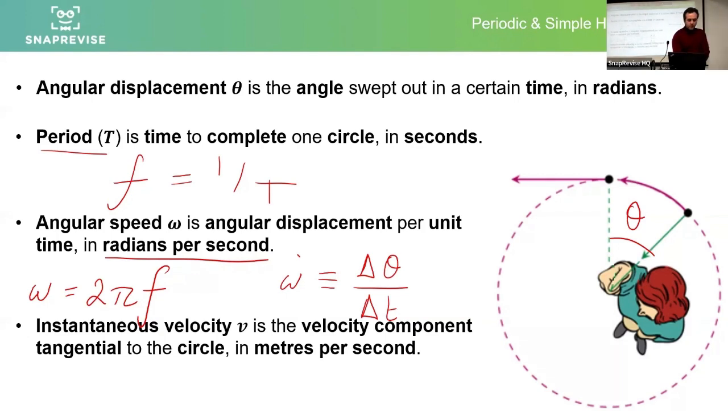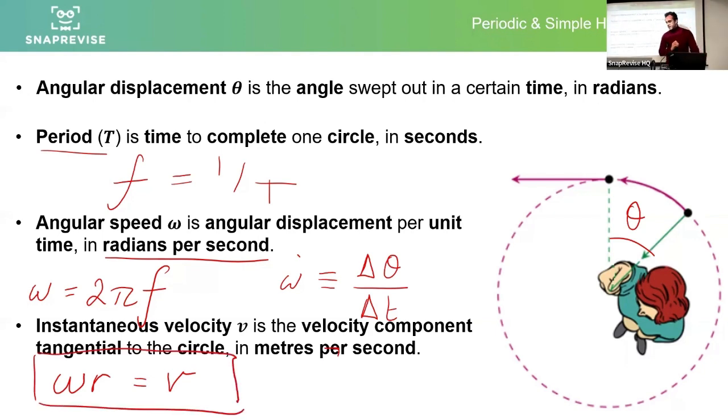Therefore, however many radians we're turning per second, the angular speed, if we simply multiply that by the radius, that is going to be our linear velocity, our linear speed. That's not necessarily a derivation, it's just an explanation. But get this equivalence into your head. That is a really useful conversion to be aware of.